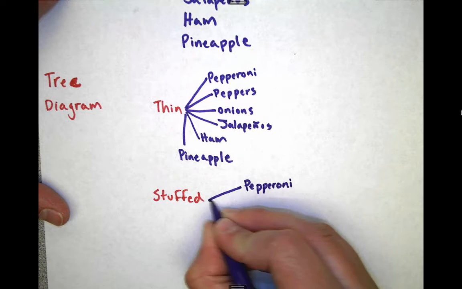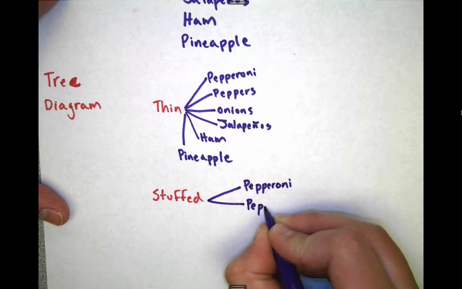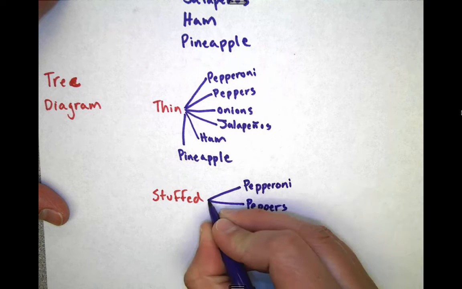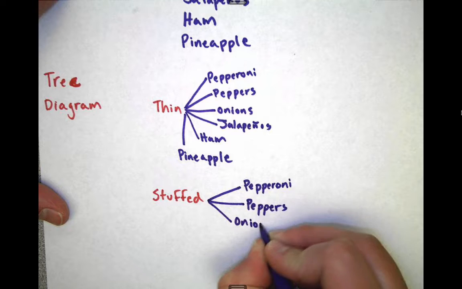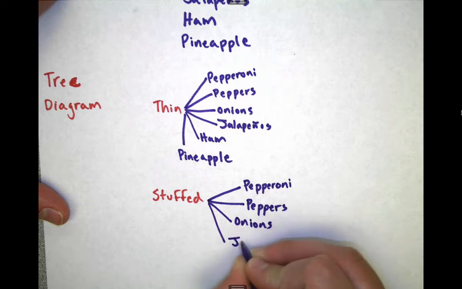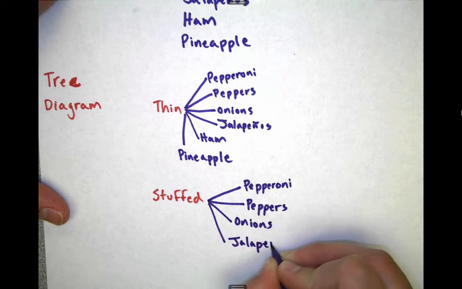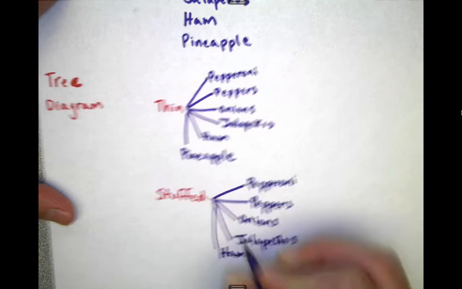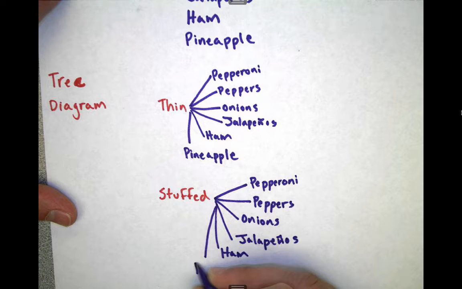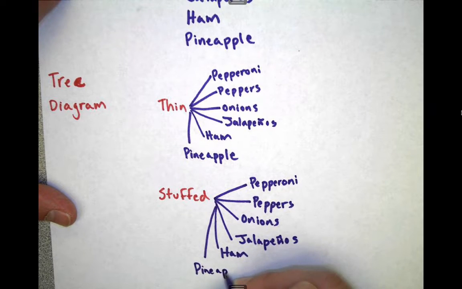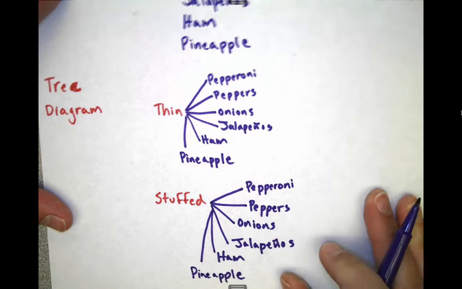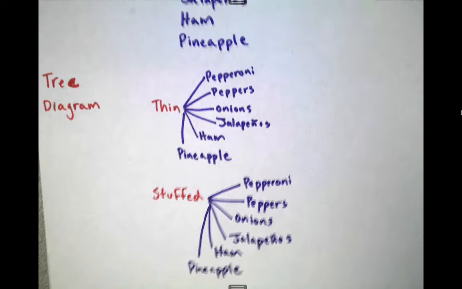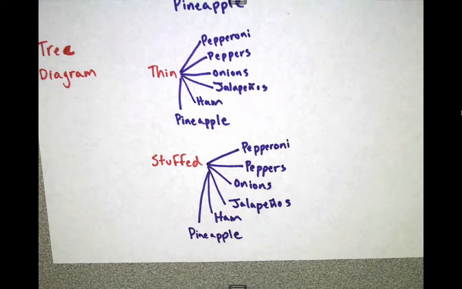Or I'm going to do stuffed crust with peppers. Or I'm going to do stuffed crust with onions or jalapenos or ham or pineapple. Now imagine if we were doing a 2-topping pizza, how much more complicated this would get. So here's kind of all of our choices. We've made a big old tree diagram.